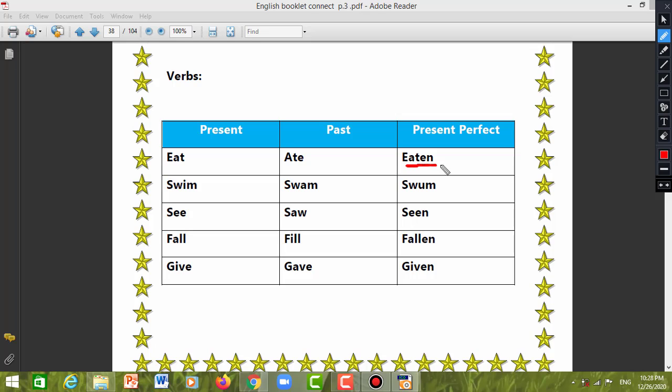Eaten here is the past participle. Swim, swam, swum. Swum here is the past participle. See, saw, seen. Fall, fell, fallen. Give, gave, given. Okay, other verbs are on the next page.